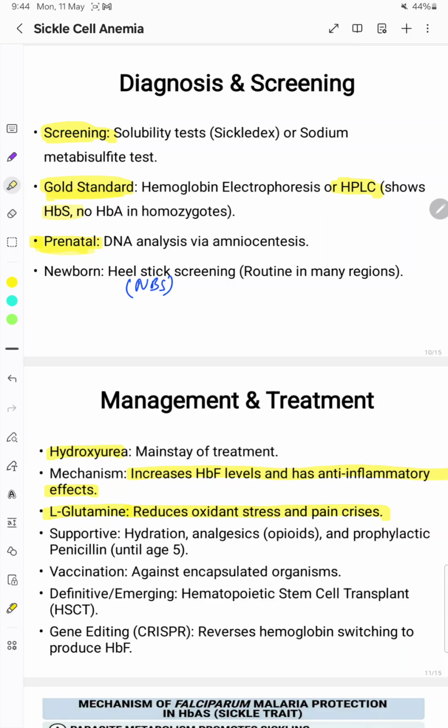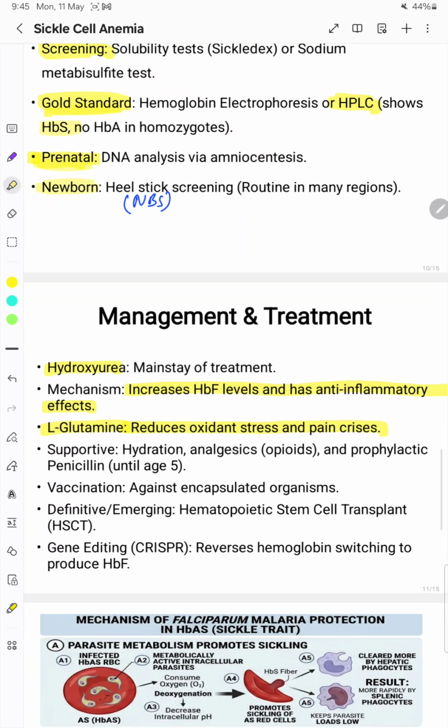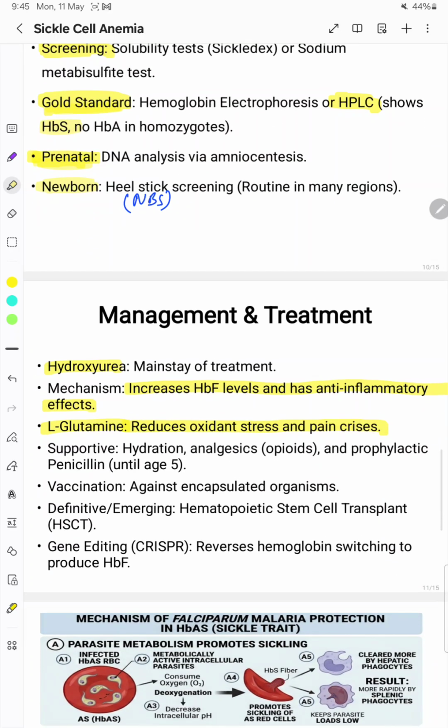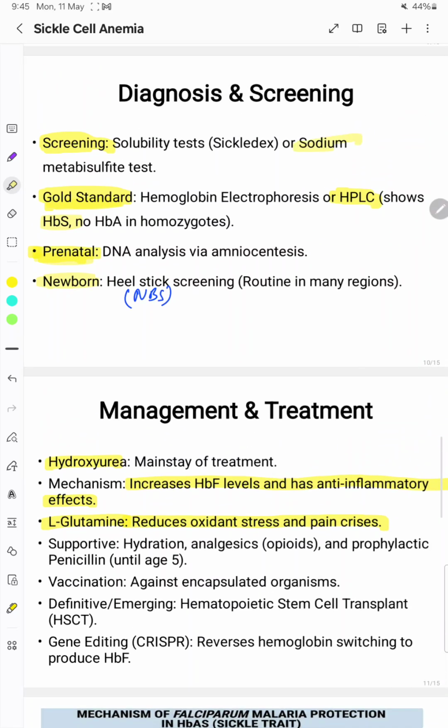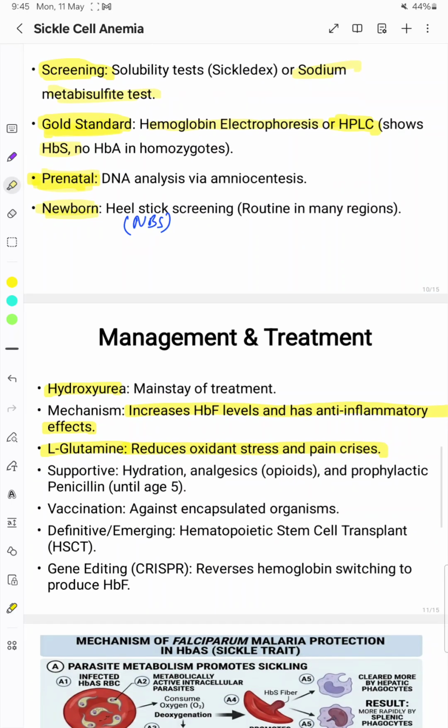Prenatal diagnosis is by DNA analysis by amniocentesis, and in the newborn there is newborn screening, which is routinely followed in many healthcare setups. So for screening, the sodium metabisulfite test or sickling test. The gold standard is hemoglobin electrophoresis or HPLC. Prenatal screening is DNA analysis by amniocentesis, and newborn screening is from the heel stick.